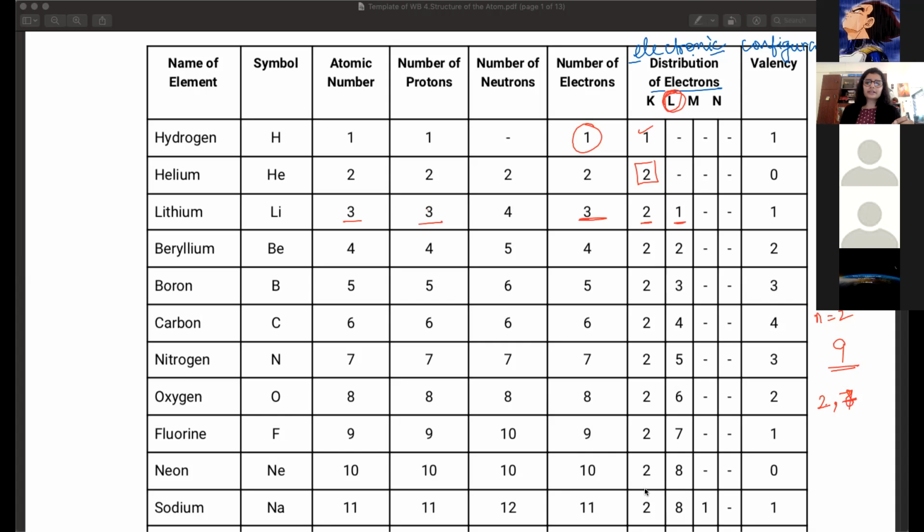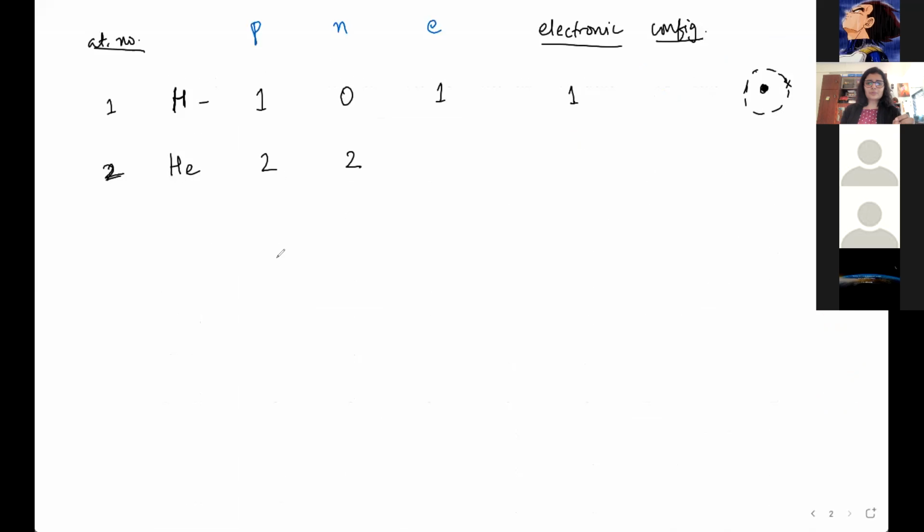Let's take another example. Suppose my atom has, switch to the whiteboard. Okay, suppose my atom has 15 electrons. So what will its electronic configuration be?